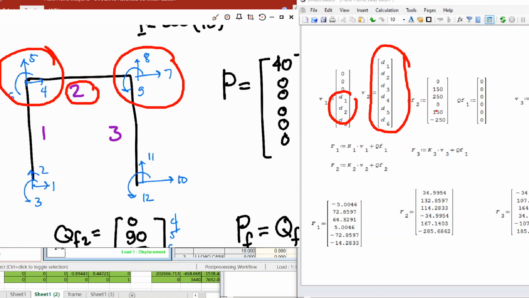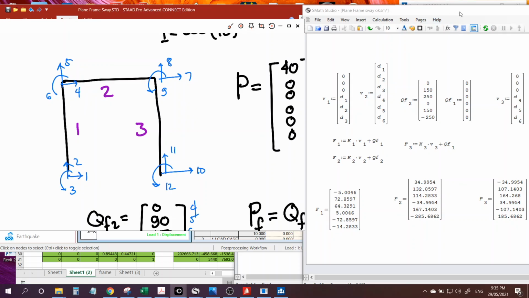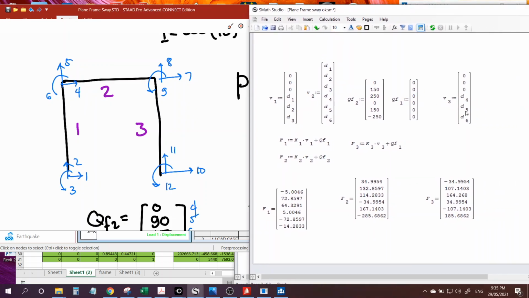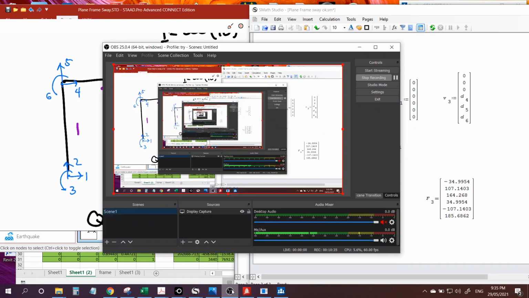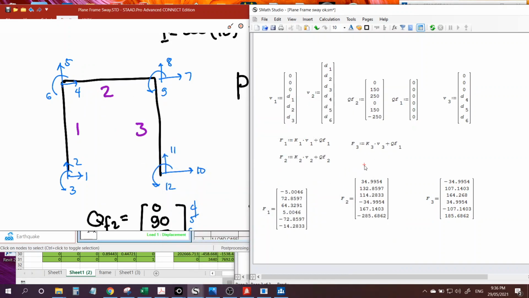And for member 3, we only have this as the displacement, that's why D4, D5, D6. Then applying the same formula for the fixed end forces, we get this.